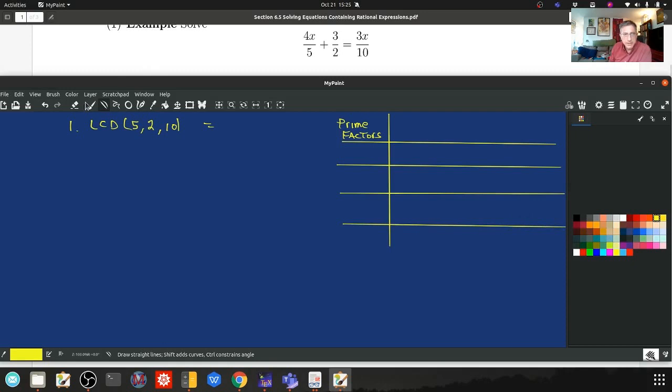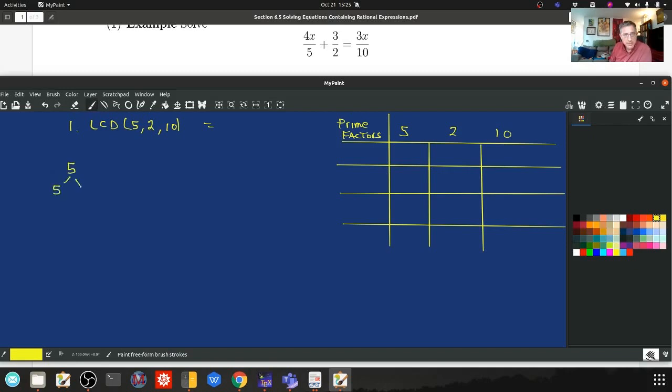So in this case, we have 3 values, 5, 2, and 10. So again, just using our table method here. So we have to find the prime factors. If there were polynomials, we would factor them. But in this case, I'll note 5 is prime.